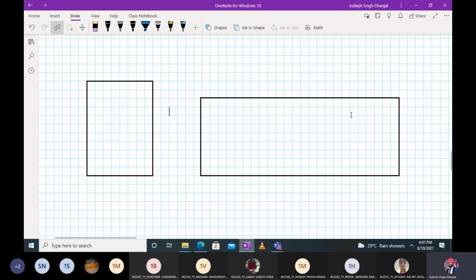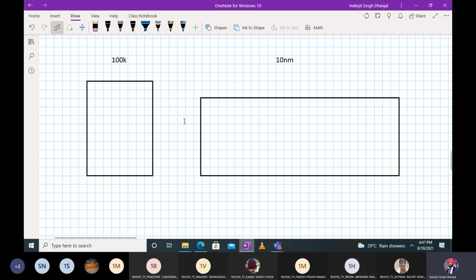So MOSFETs can be scaled down to a very small level. You might have heard of that. Nowadays we have around 100 nanometer channel length MOSFETs also available. If you go to 100 nanometer, that means you can fit more and more MOSFETs together. Whereas a resistor, let's say this is a 100K resistor, might occupy the same space as 100 transistors.